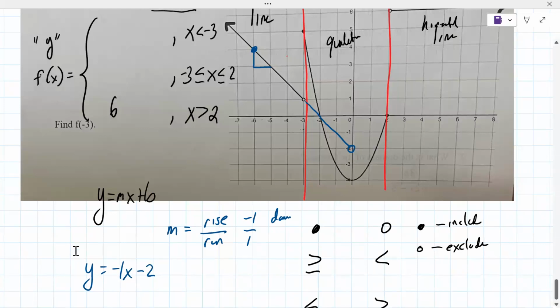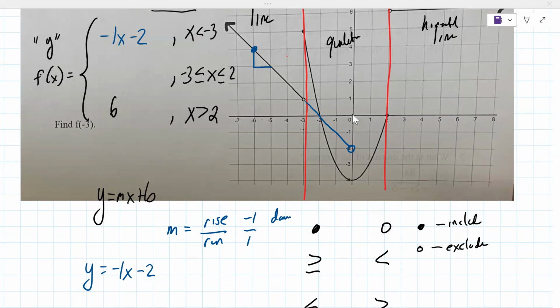You put in -1x minus 2 there. Any questions on that? No.